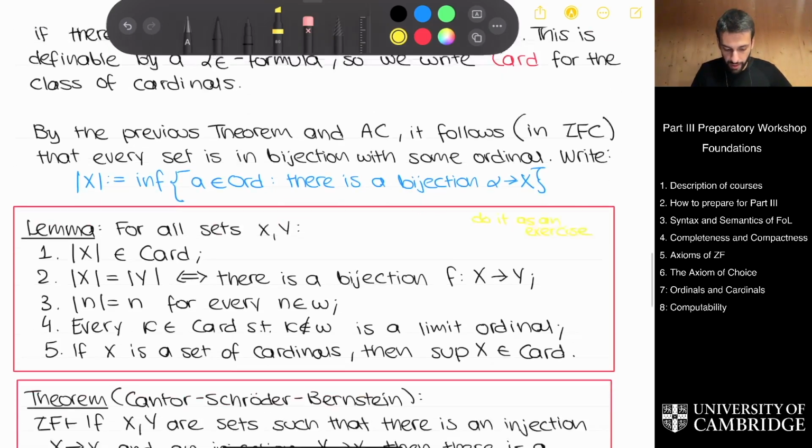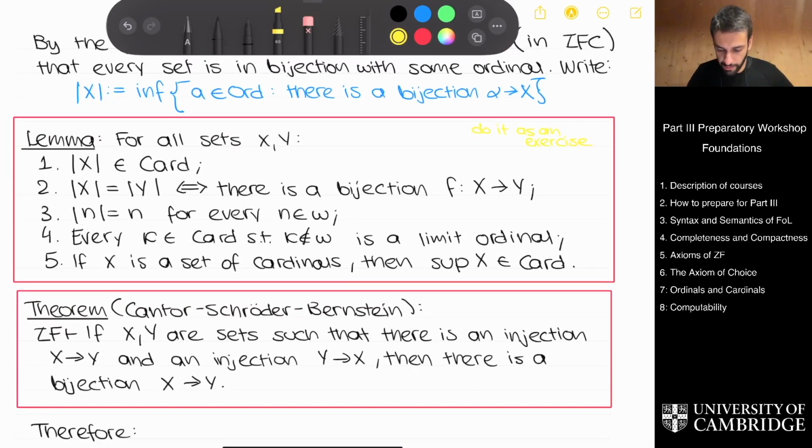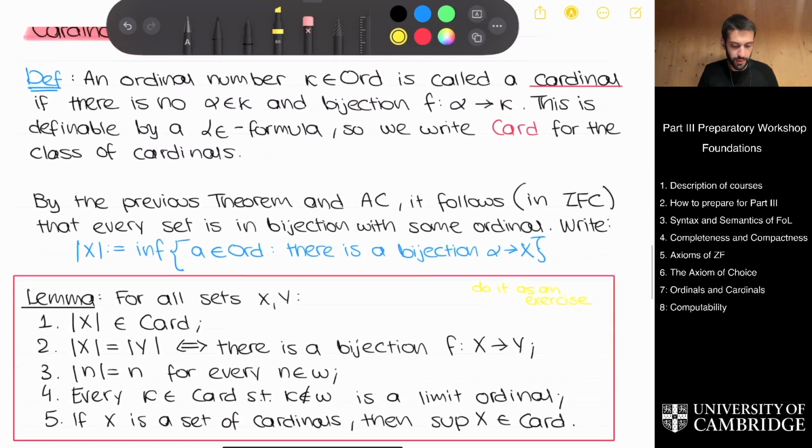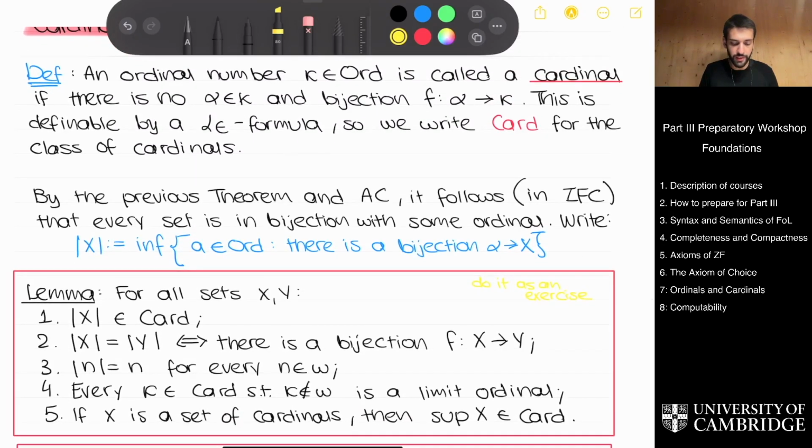The following lemma I would recommend doing as an exercise. For any two sets x and y, first of all, the cardinality of a set is not only an ordinal number, but in fact a cardinal number. This is almost a tautological statement. We defined the cardinality to be the least ordinal which is in bijection to our set.